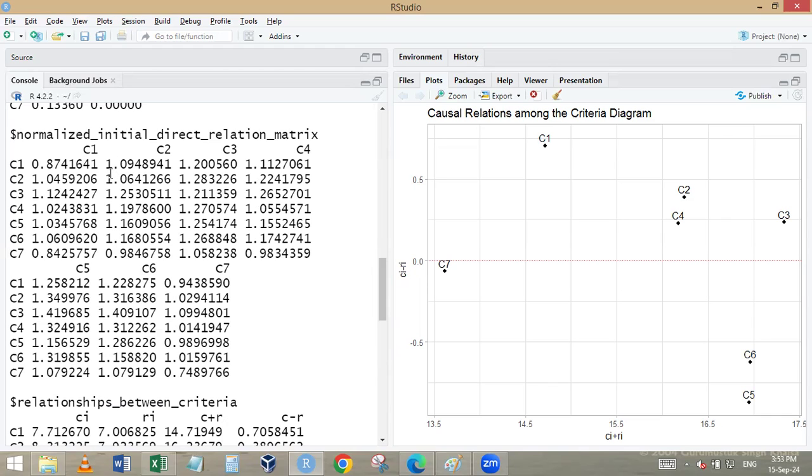So this one will be shown. And what to write? The same 2 things are written. These are the factors, these are their importance and how they affect. Focus more on the reciprocity because no other technique talks about the reciprocity. So focus more on the reciprocity in this case. So that's all for DeMaTEL. Now you can ask your questions.